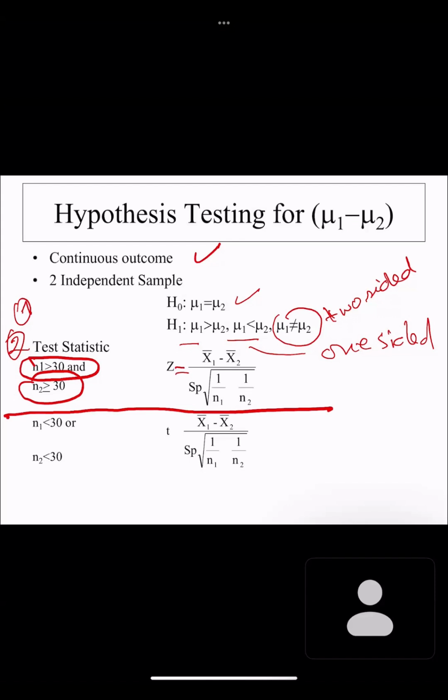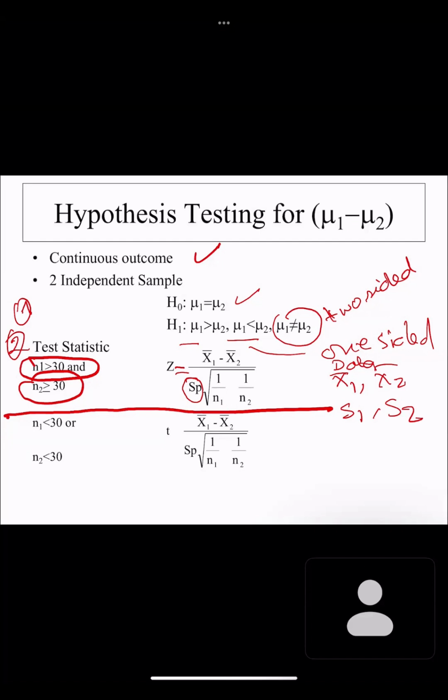After we set the hypothesis, we collect the data and measure X1 and X2, then x bar 1 and x bar 2. We have S1 and S2, and the test statistics is x bar 1 minus x bar 2 over the pooled standard deviation. We call it the pooled standard deviation. We'll see how we calculate it.